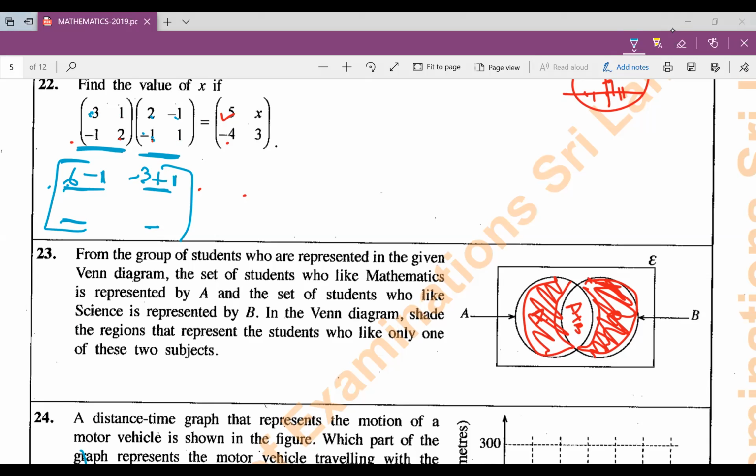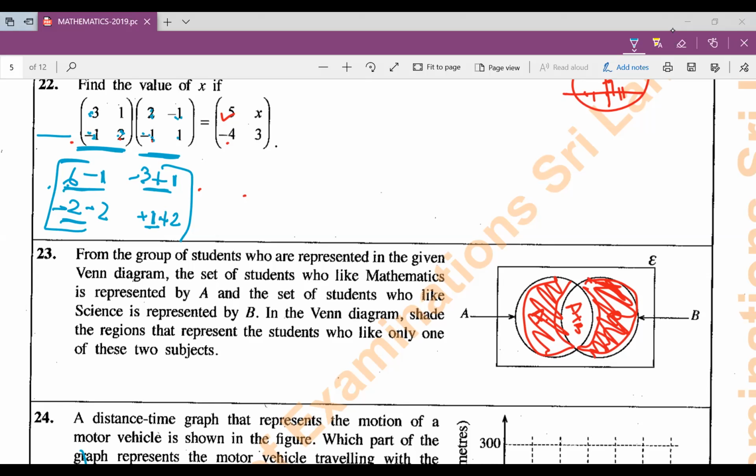And same as here, this line into this line, -1 into 2 is -2, 2 into -1 is -2. So same as here, this line into this line will become here. -1 into -1 is +1. 2 into 1 is +2.